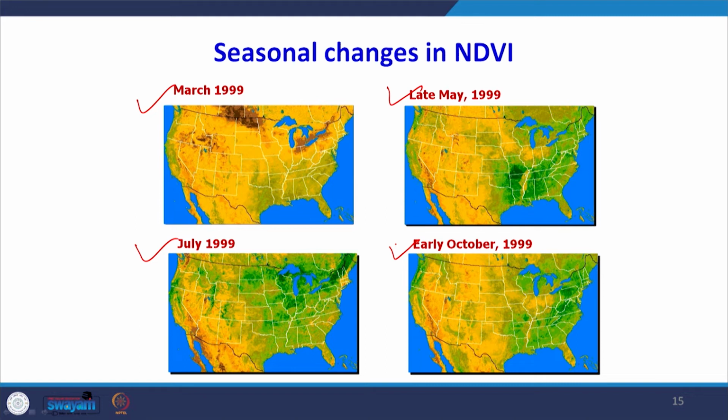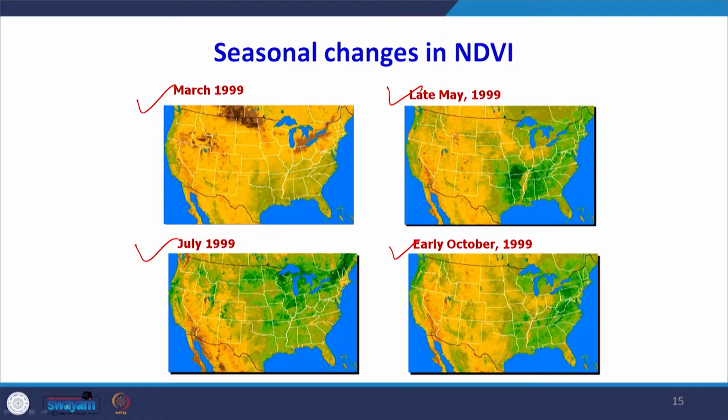NDVI images have been created from these four images of different seasons in 1999, and when you compare, you can see visually that in May 99 you have very good dark green areas present, but those green areas have gone and are appearing in July on the top side, and again these green areas are decreasing.